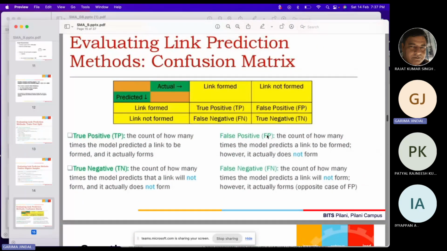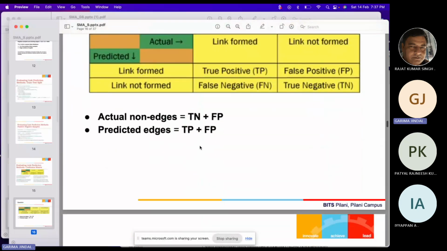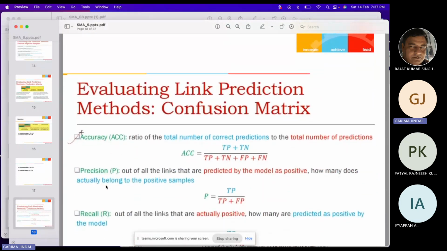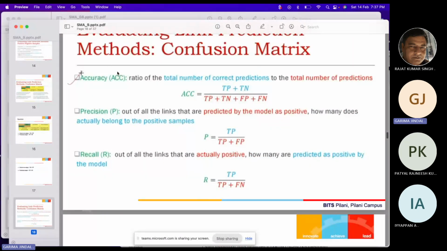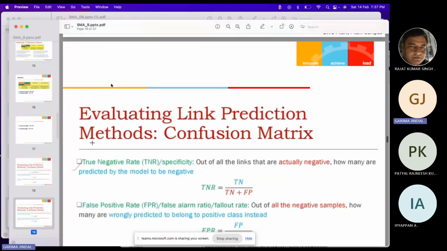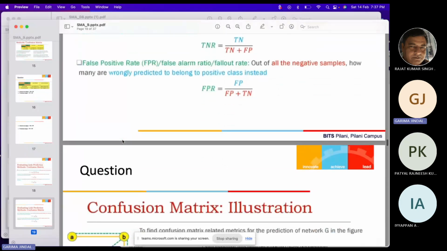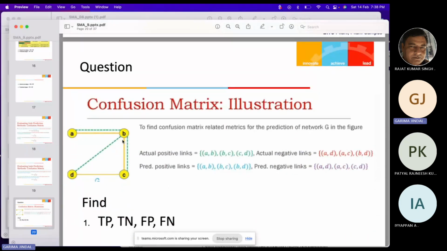We have seen the confusion matrix and various measures: accuracy, precision, recall. We discussed that accuracy cannot be used, and I explained the reason why. There are other measures that can be used to evaluate such a class imbalance property.